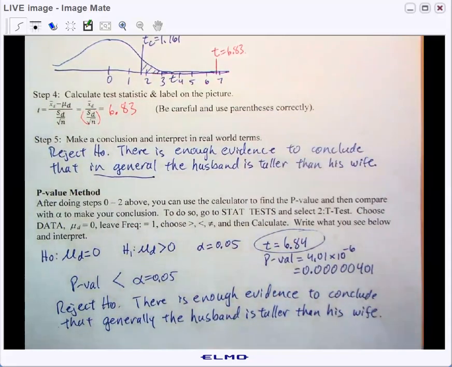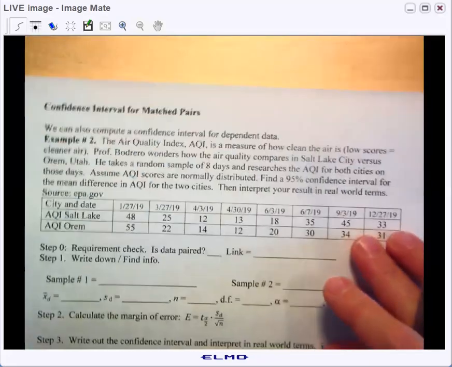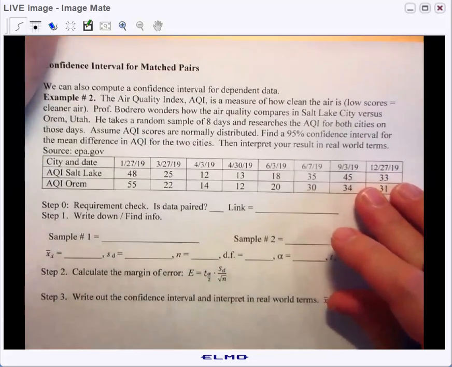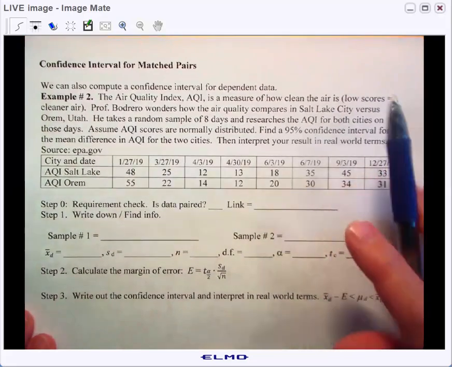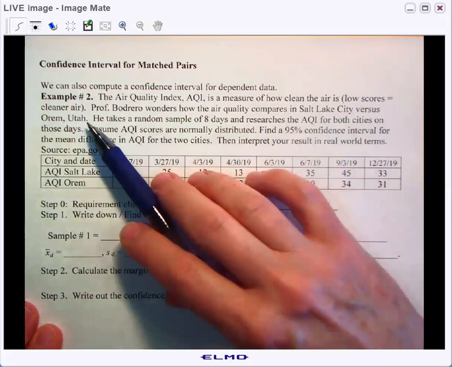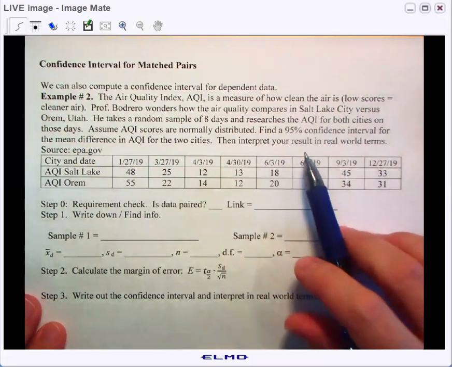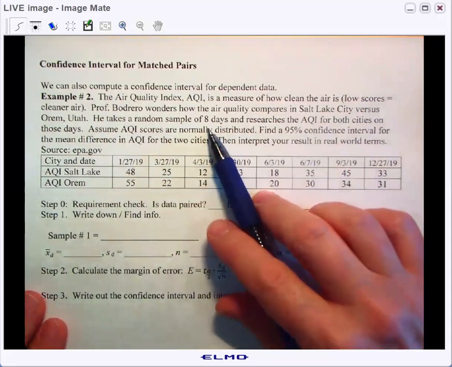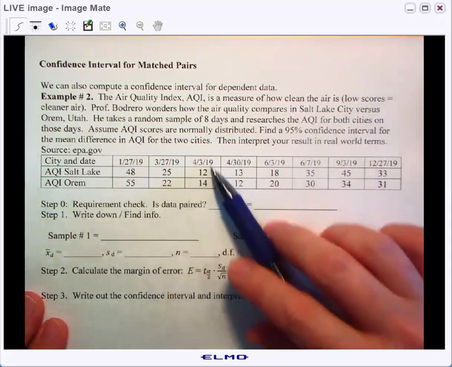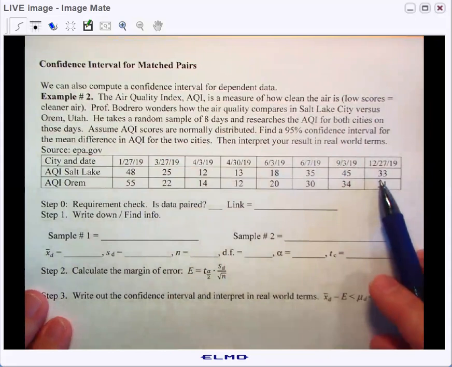We can also do a confidence interval. So I gathered some data here on the air quality in Salt Lake City versus Orem, Utah. And to make it a somewhat fair comparison, I gathered it for the same days in the year of last year, 2019.